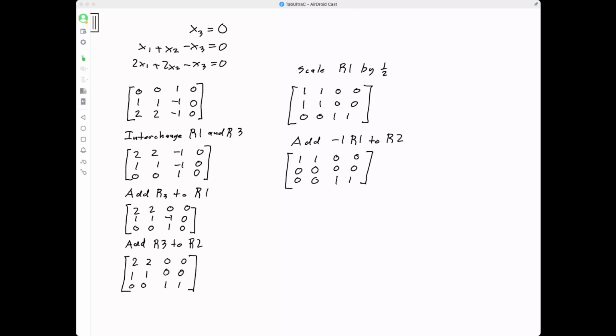Just because I don't like that row of zeros in the middle, I don't think it looks nice, I'm going to interchange row 2 and row 3, which gives me 1, 1, 0, 0, 0, 0, 1, 1, and 0, 0, 0, 0. So this system of equations now looks like x1 plus x2 is equal to 0. That's the first row.